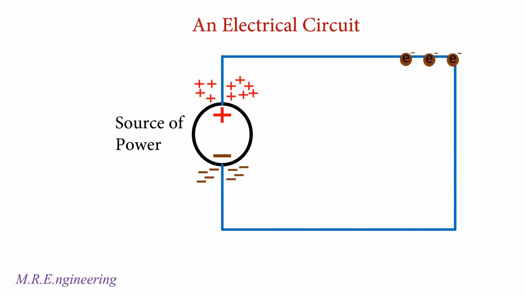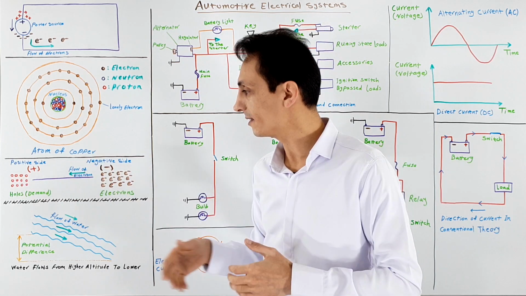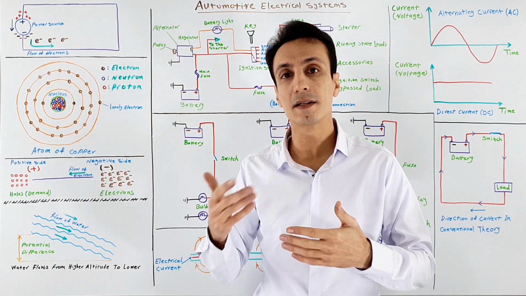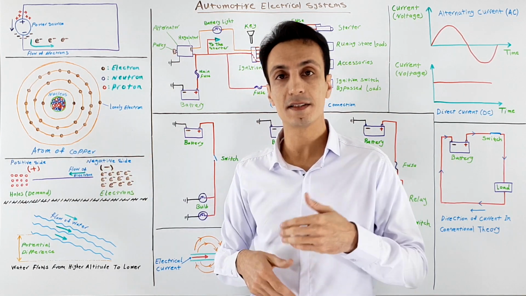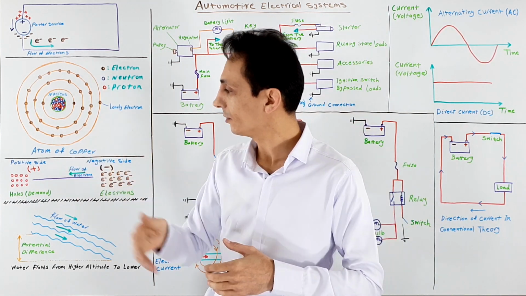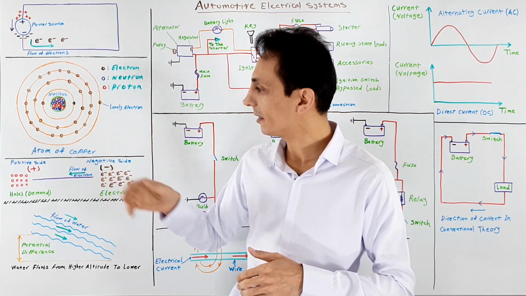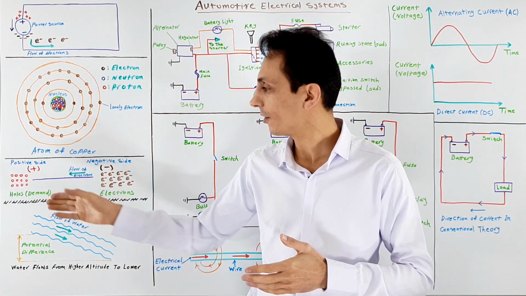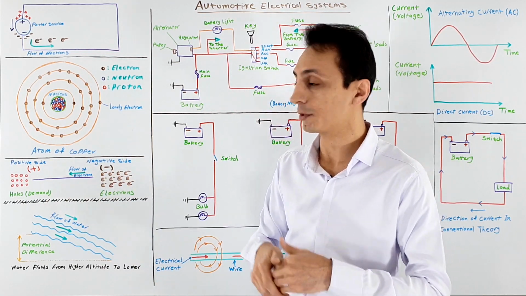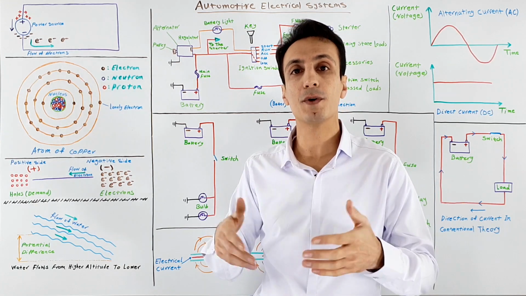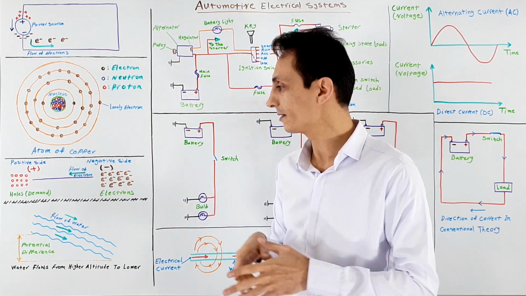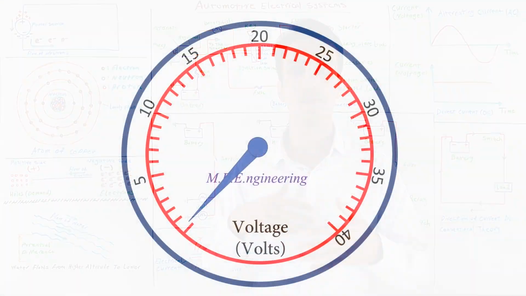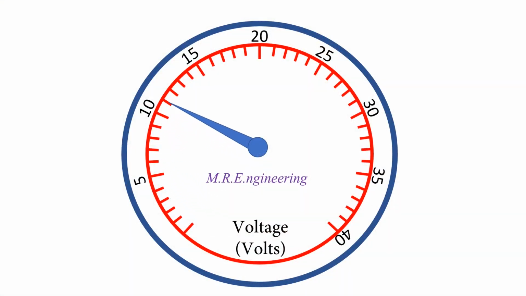In other words, to have the flow of electrons, which is the same as electrical current and electricity, we need to have a demand on the other side so the electrons start to move to that other side. This demand happens when a positive charge on that other side causes a potential difference or a force on the electrons to move. This force in electricity is known as voltage, and its magnitude is expressed in terms of volts.